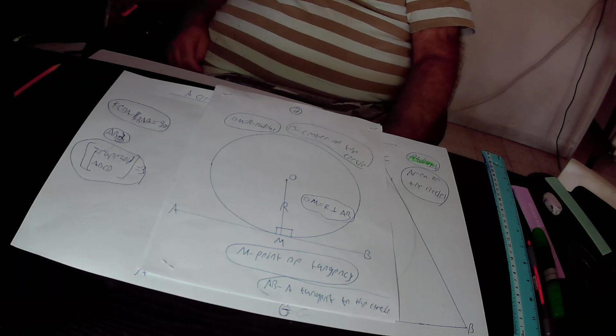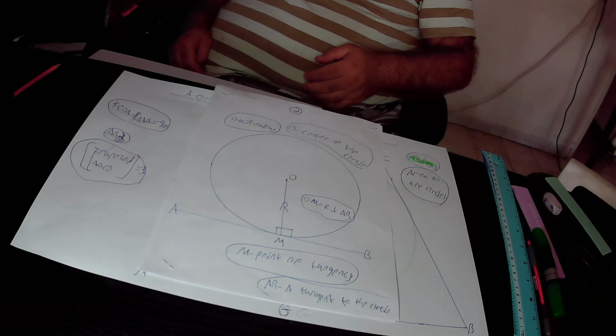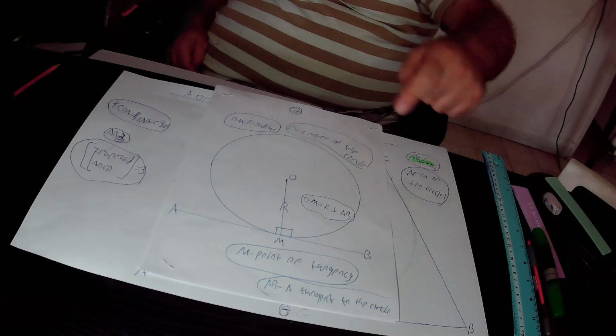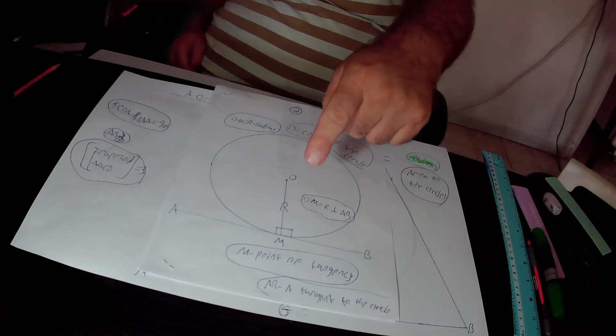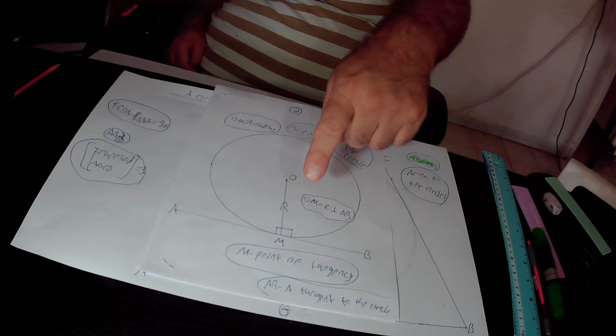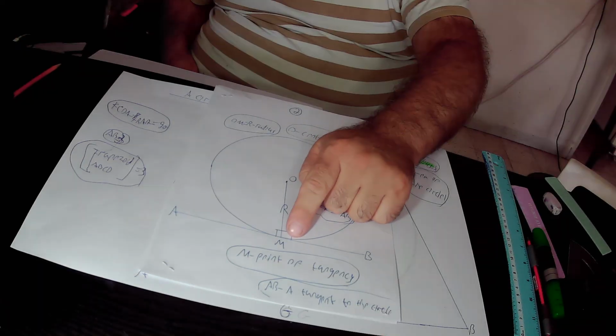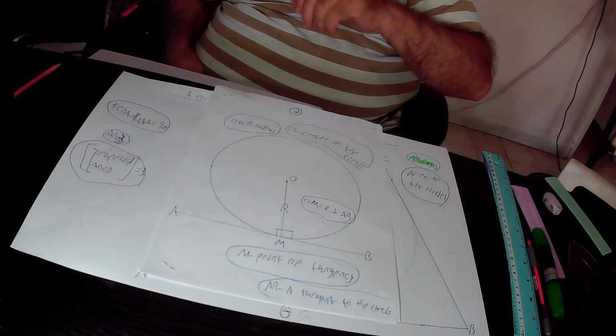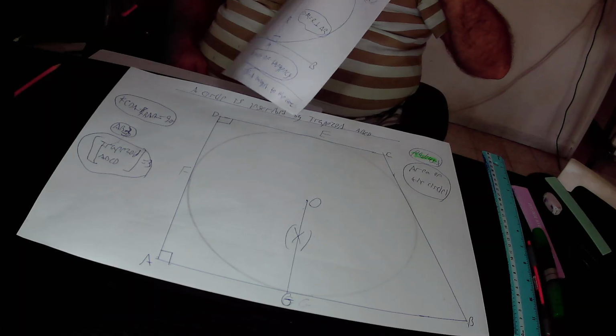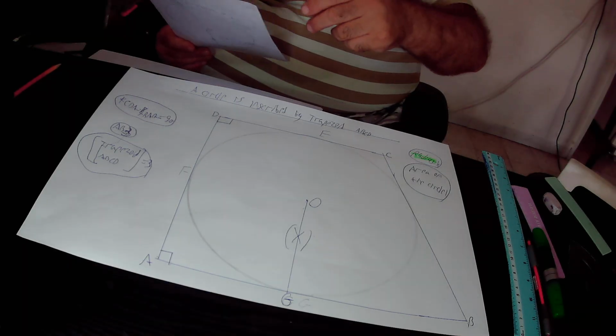Whenever you have a radius drawn to the point of tangency, then tangent AB is perpendicular to the radius MO. If AB is perpendicular to MO, it means that this angle equals 90 degrees, and this angle also equals 90 degrees, according to rule 1.